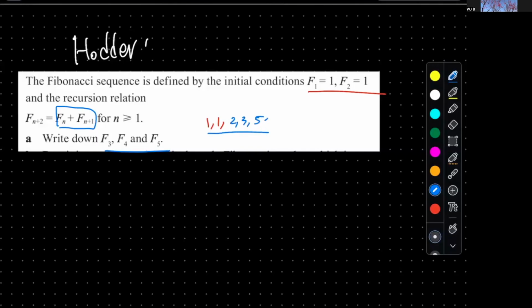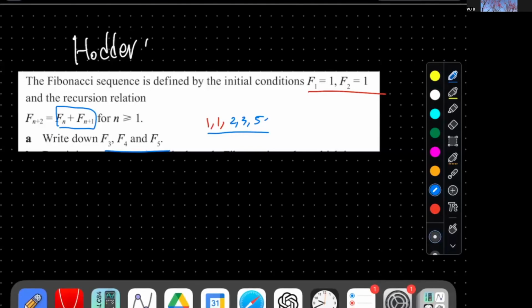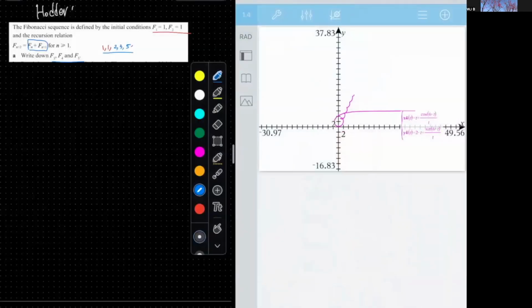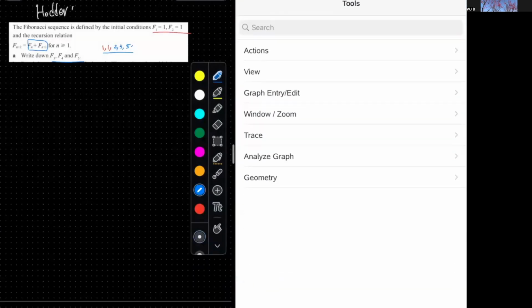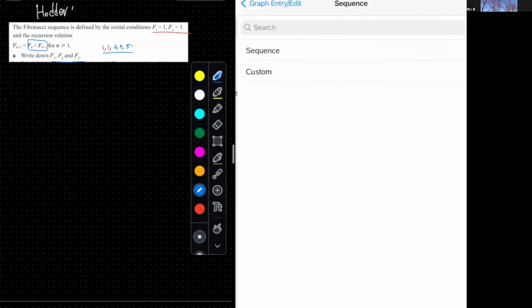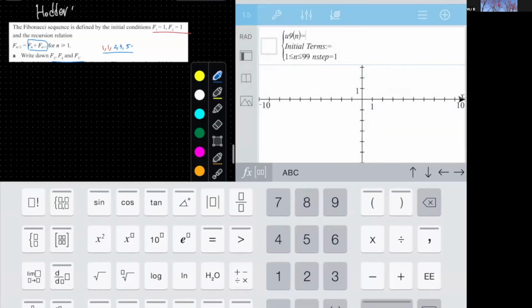And by the way, it's also important for you to know how to put the sequence on the calculator, all right? So you go to graph, add a new page and go to graph, please. Press menu and put graph entry and sequence. This is my sequence Fn, so consider u9n as Fn.